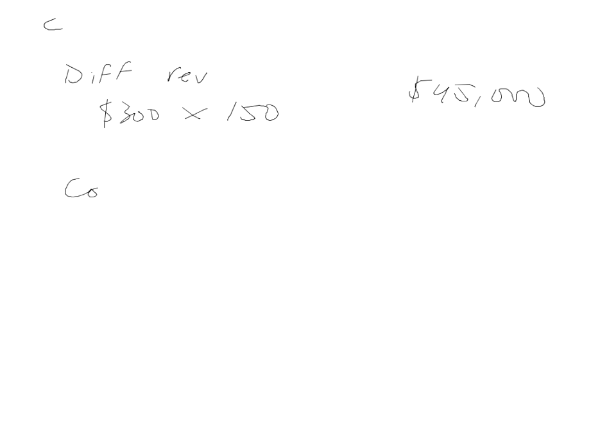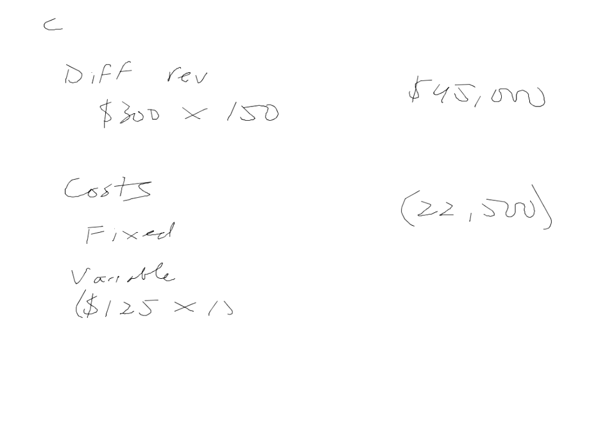The cost, though, let's see, it says that fixed cost is going to be increased by $22,500. So that's going up a little bit. Variable cost is not going to go up, but you do have to consider it. The fact pattern says that variable cost is $125 per unit. So we multiply that by 150, so it's going to be $18,750.